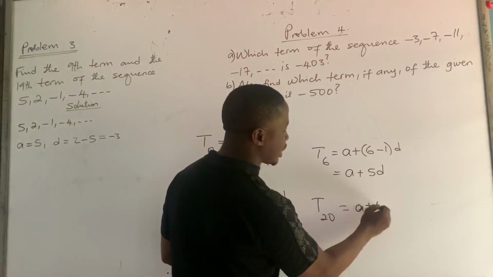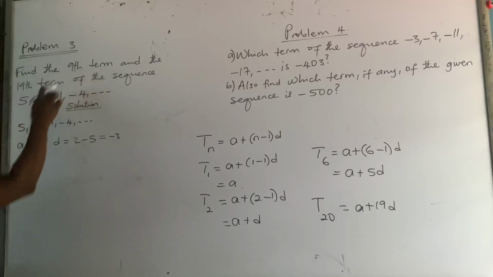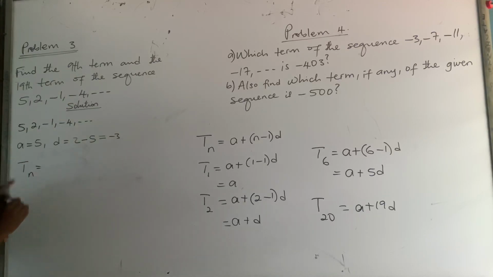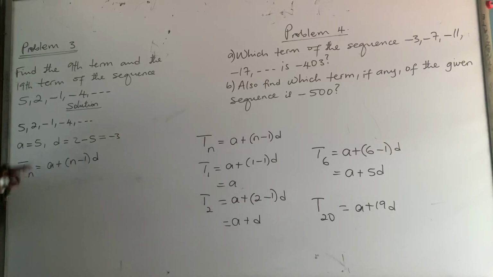So A plus 19D. If we want to find the 9th term, the general term, the nth term, is A plus n minus 1 multiplied by D. But we want the 9th term, so ask yourself, 9 minus 1 is 8. So A plus 8D.